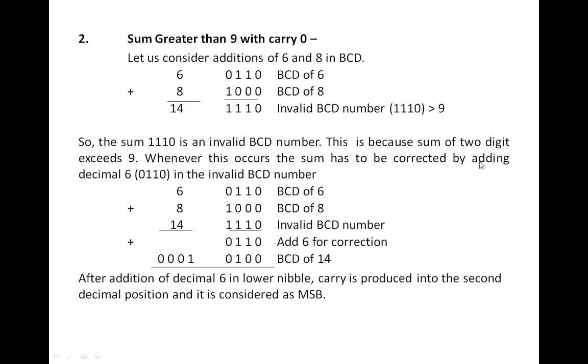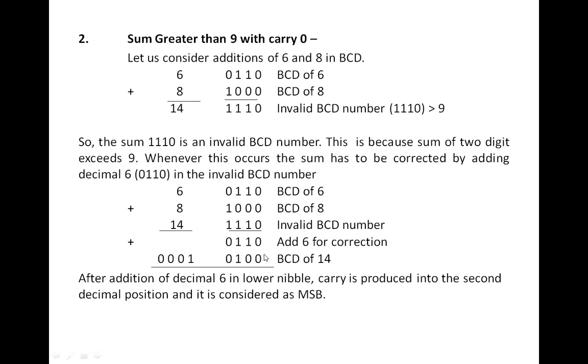And this has to be corrected by adding decimal 6 in valid BCD numbers. How? By adding decimal 6, that is 0110. So after addition we have got 1110, and we will be adding decimal 6 to that, that is 0110.